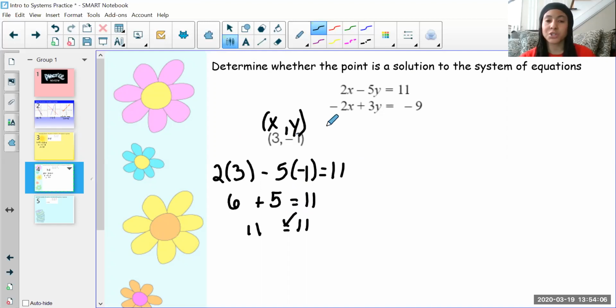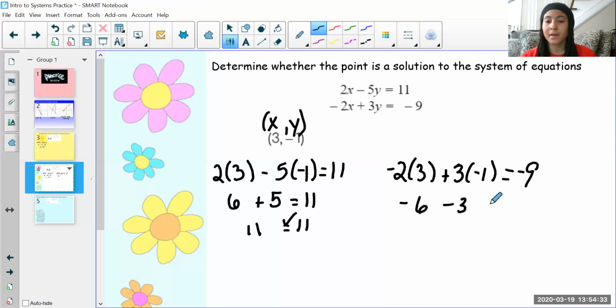Remember, we have to check both equations. So we have to do it again using the second equation. So we have -2 times 3 plus 3 times -1 equal to -9. -2 times 3 is -6. 3 times -1 is -3. And -6 minus 3 is -3.